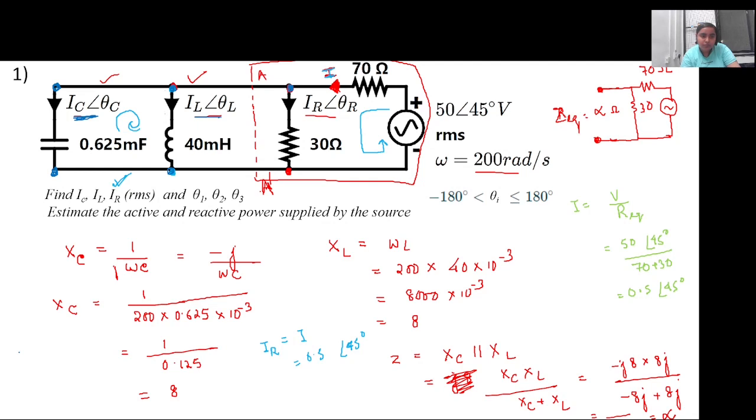It is 1.625 angle minus 45 for IL and then 1.625 angle 135 for IC. 1.6, it's close, but I think you're okay. Let's see. We'll do it.